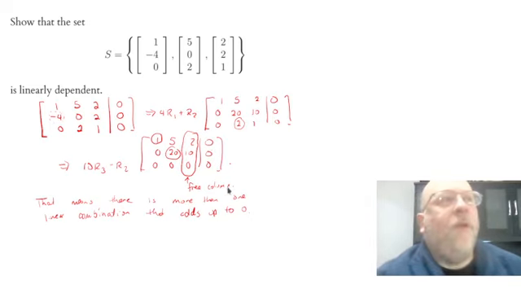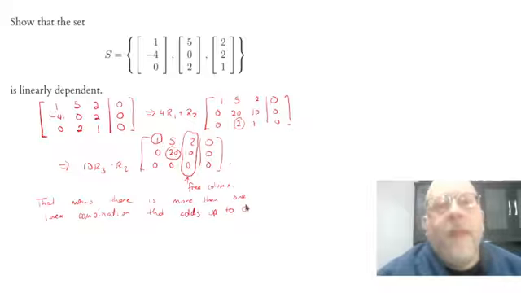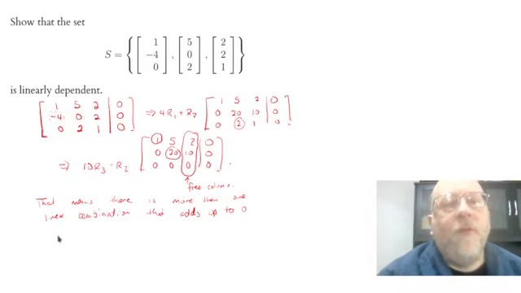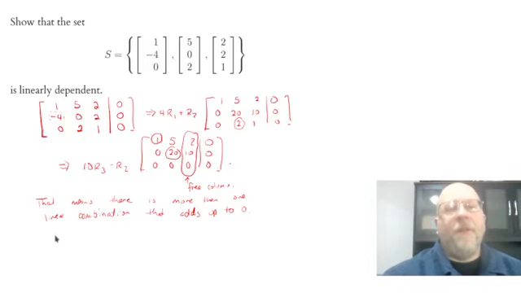Because I've augmented with zeros, I row reduced, we got a free variable. And when we have a free variable, that variable can be any number, which means we have more than one solution. It doesn't have to be 0. So there's more than one linear combination that adds up to 0. And by definition, that means that the set S is linearly dependent. And that's what we wanted to show.